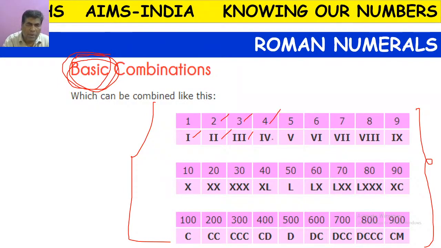So that's why they have written IV. For 5, they represent with V. 6 is VI, 7 is VII, 8 is VIII, 9, from the X, I is to be subtracted.